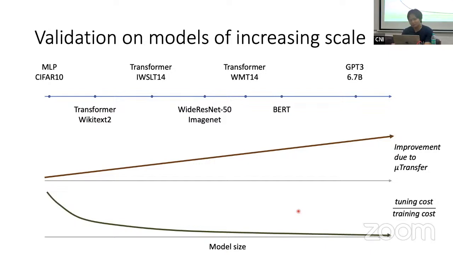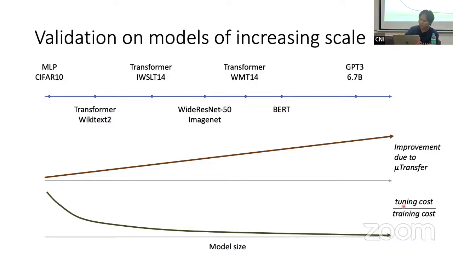Okay, here there's no mystery. The reason is that no matter what the large model is, roughly speaking, you can always shrink a large model to a fixed size model and tune that fixed size model. And the hyperparameters obtained from that fixed size model will apply to arbitrarily large models.